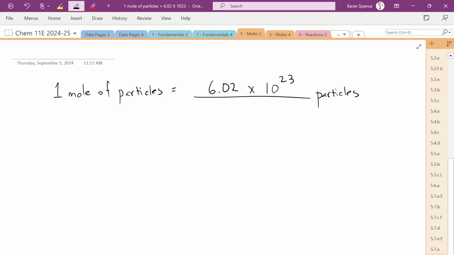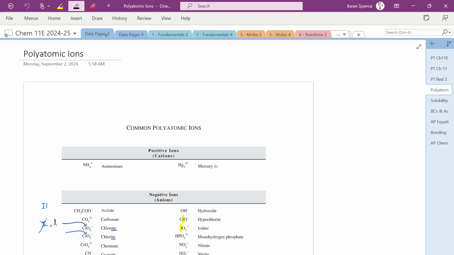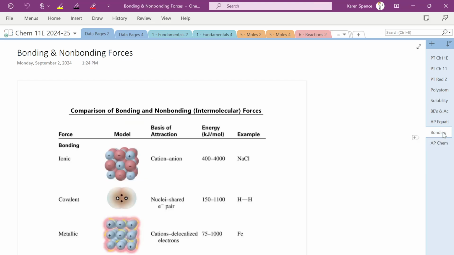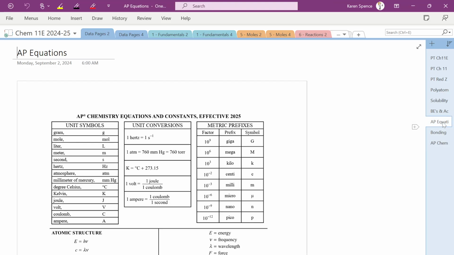And if you're writing the AP exam, take out your pink data sheets and turn to the very back page. Why are there coulombs?